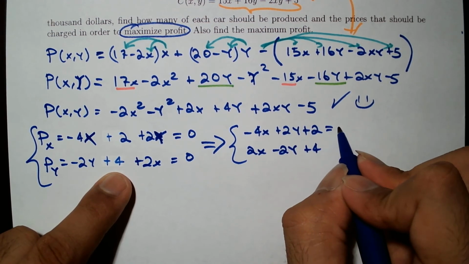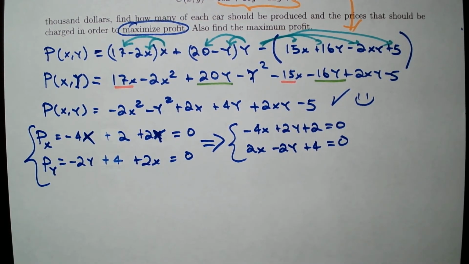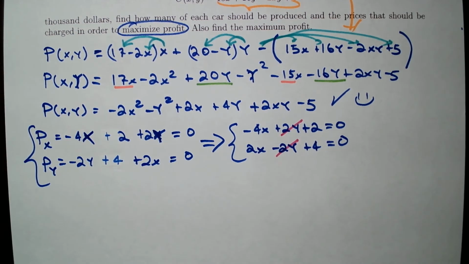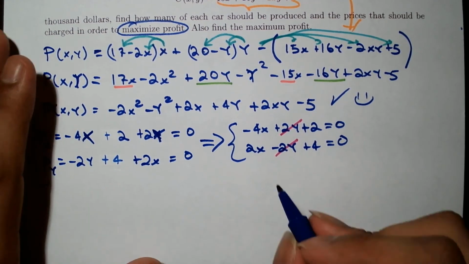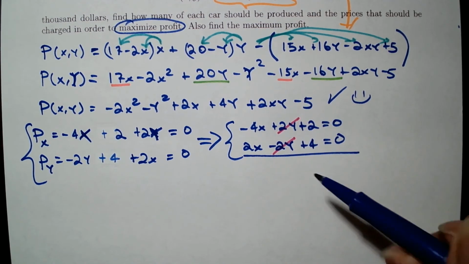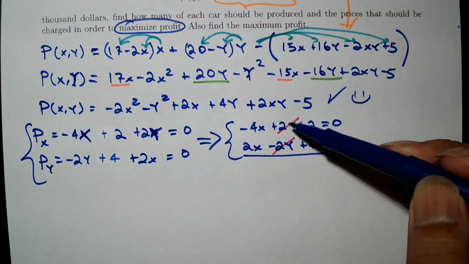The reason I'd rather do this is because you will see the beauty of this. In this case, we don't need to multiply any of the equations by any non-zero constant to eliminate one of the variables, because the y's are already in the form to cancel each other.